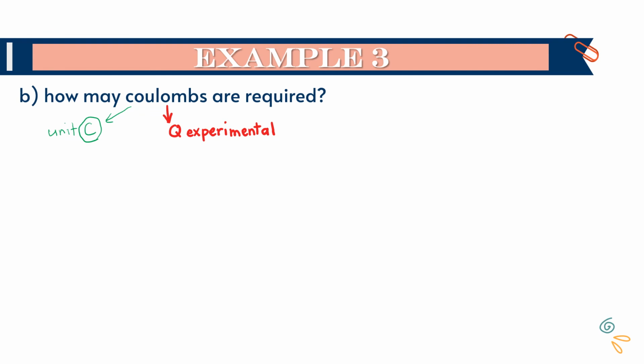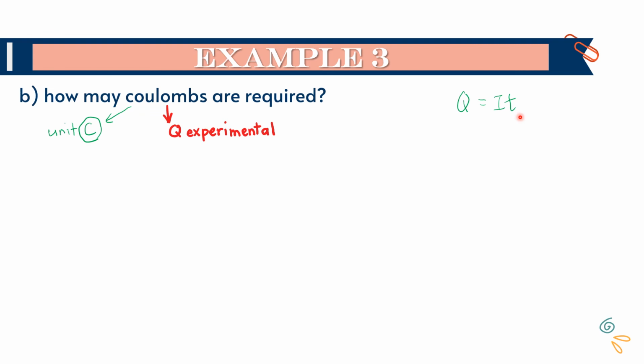Okay, now, macam mana kita nak cari Q experimental? Okay, satu, sama ada awak nak gunakan Q equals to IT dekat sini. Okay, Q equals to IT, boleh dapat experimental value. But the thing is, we cannot use this equation. Okay, we cannot use this equation sebab apa? Yes, we have the daripada soalan atas tadi, daripada maklumat atas, kita tak ada maklumat time.